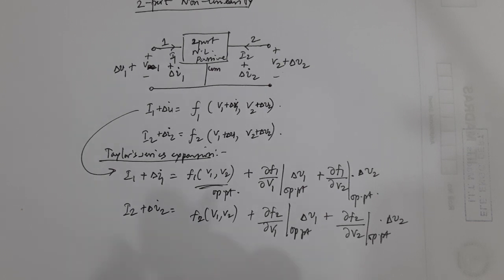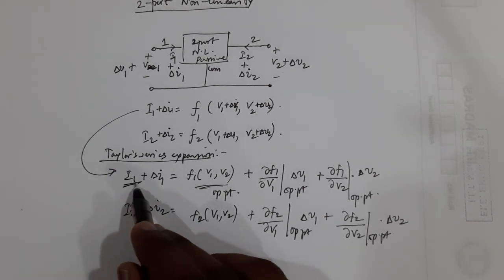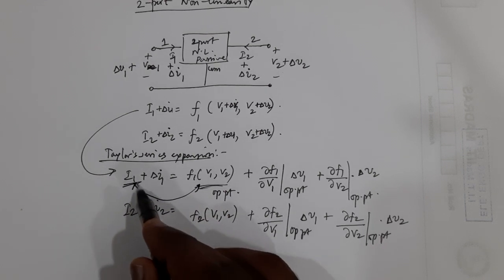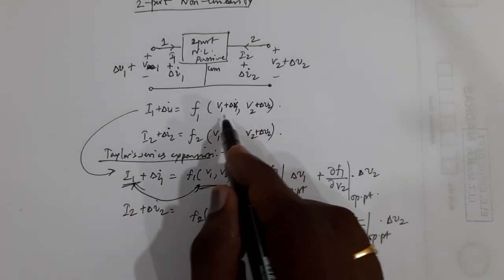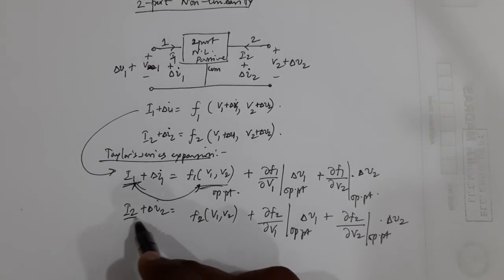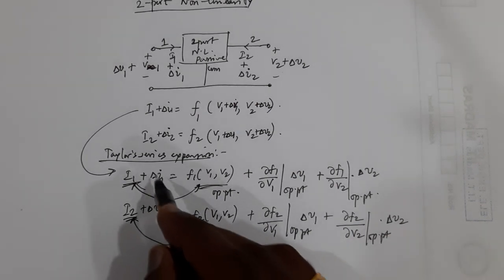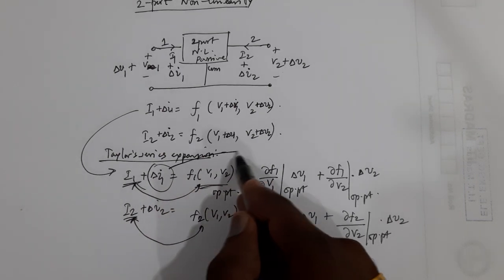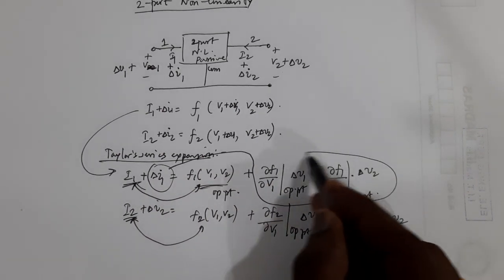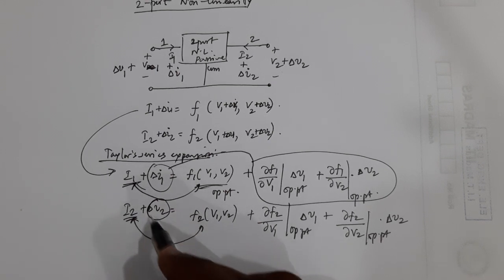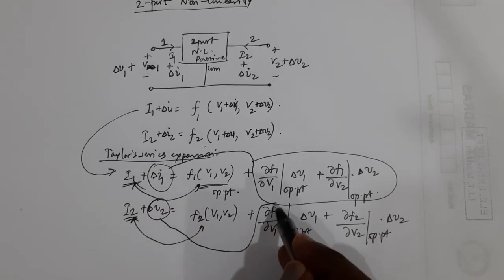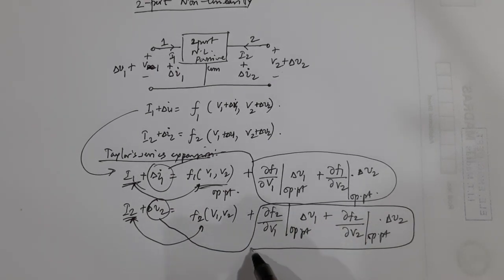Okay, now as I said, this is exactly the same as what we had written here initially. Then delta I1 will be this whole thing, and delta I2 will be this whole thing, right?